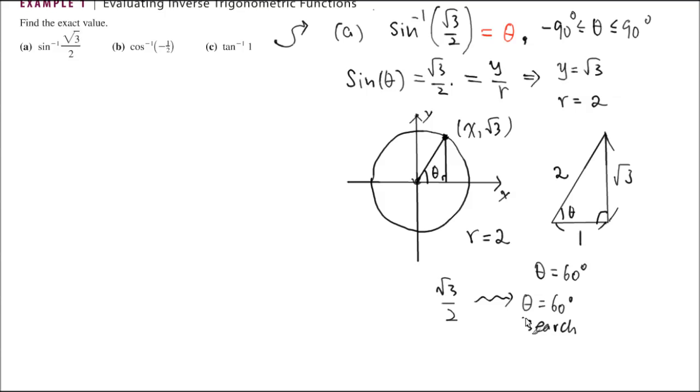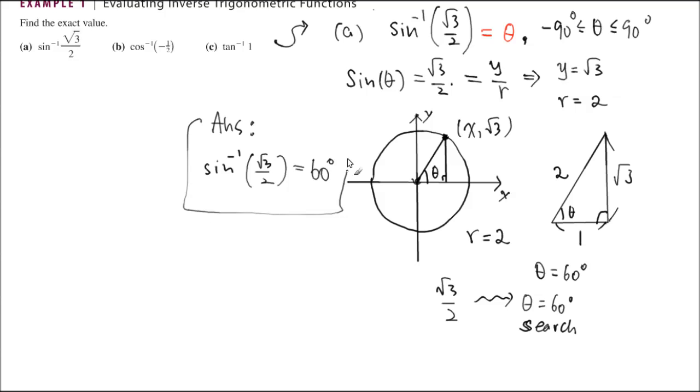All right. So let me write down the answer in here. They ask you to compute sine inverse of root 3 over 2. Then the answer is theta, and the theta is exactly 60 degrees. That's your answer. You write down the answer like this. And after you write down the answer, you interpret it, make sense out of it like this: sine of 60 degrees is root 3 over 2.